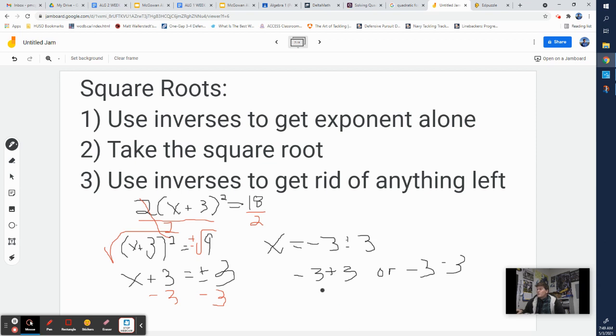We can simplify those. Negative 3 plus 3 becomes 0. Negative 3 minus 3 becomes negative 6. There's my two answers: 0 and negative 6.